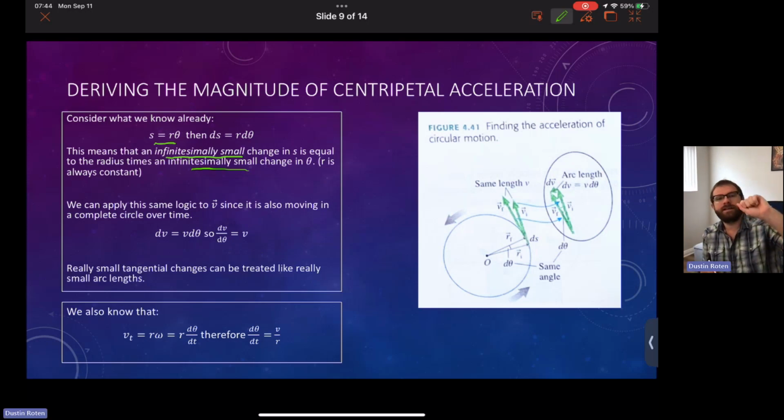So instead of using a delta, we're going to use d's right here. So the idea is essentially any tiny, tiny microscopic change in the arc length will equal the radius times a similar tiny, tiny change in theta.